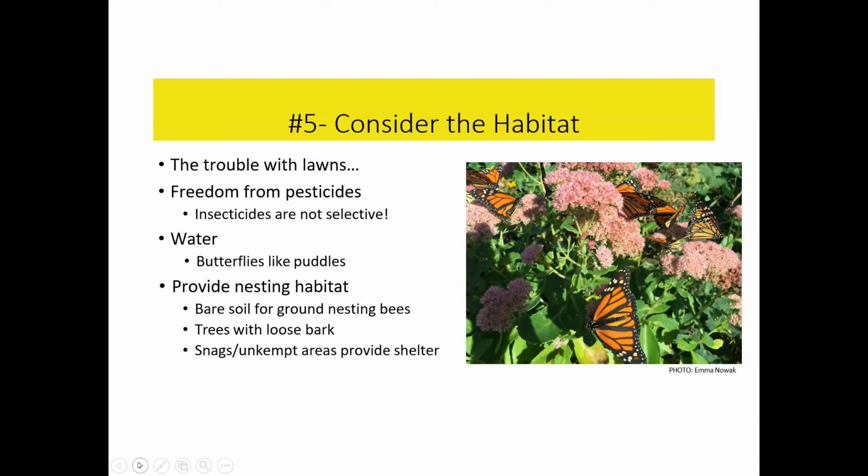So here are some resources. We will probably make this PDF available to everybody, so you don't need to scramble to write these down. These are excellent sources of information on all types of pollinators. I don't really need to go into all of these. The first five are books, and xerces society.org has a website.